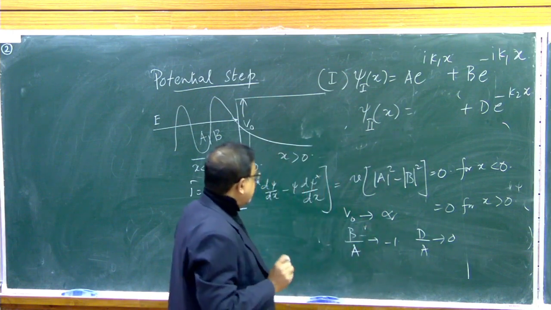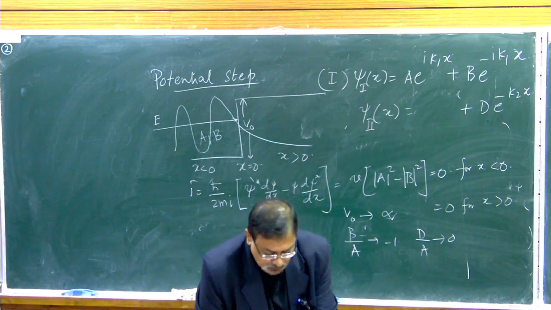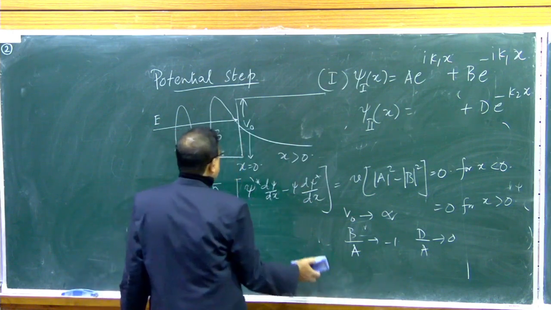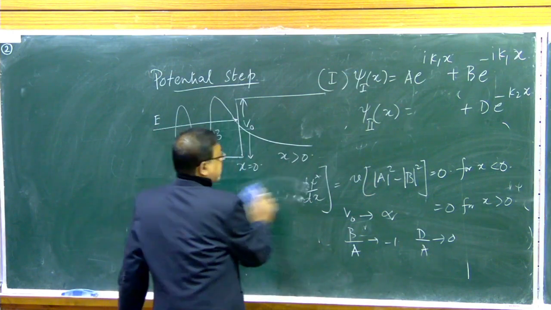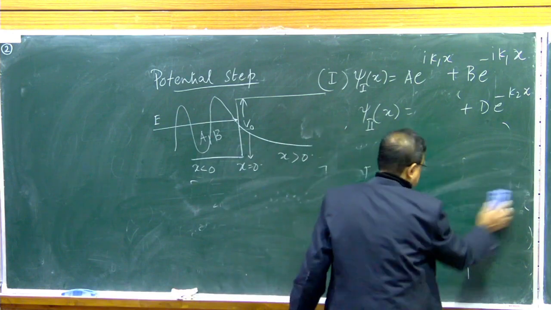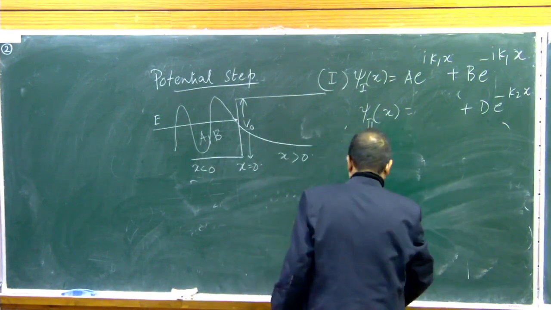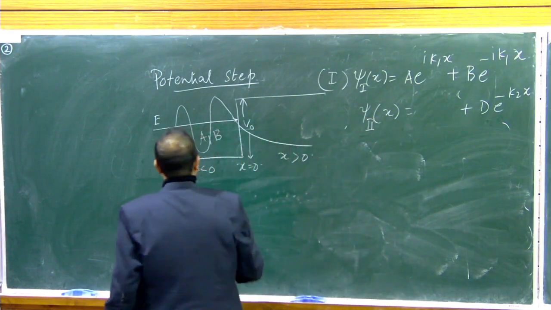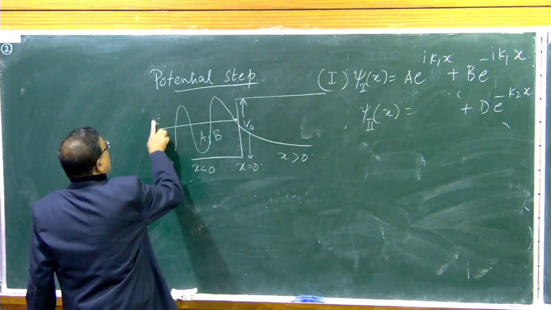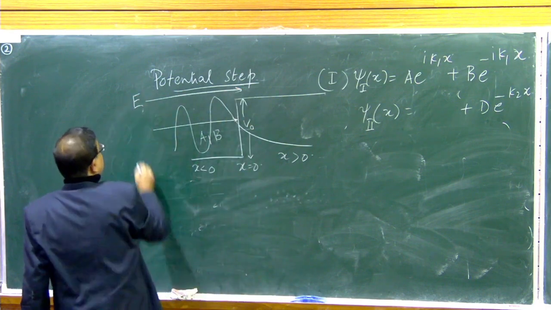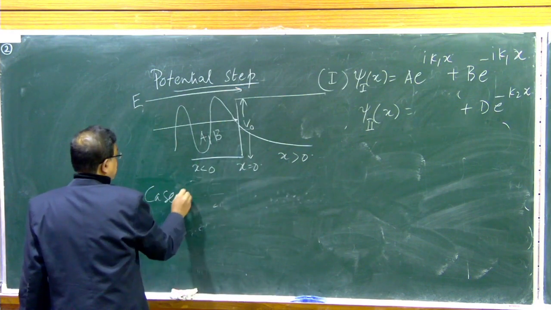Very interestingly, if you solve this problem, I will not do that, but I will let you do this solution, and I will tell you the result of that. So if you take E to be now greater than V0, let us call it case 2.